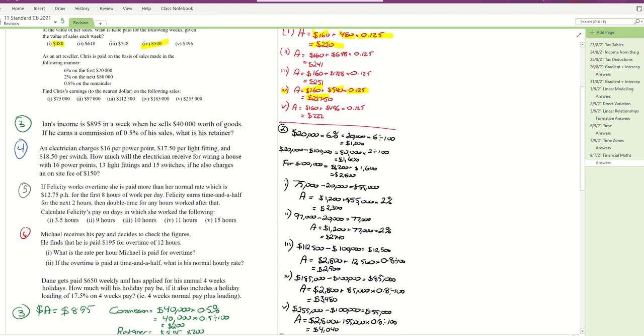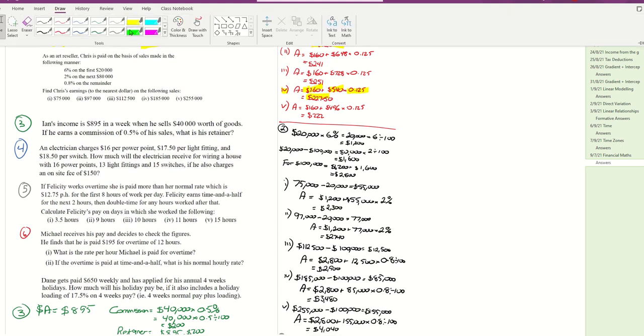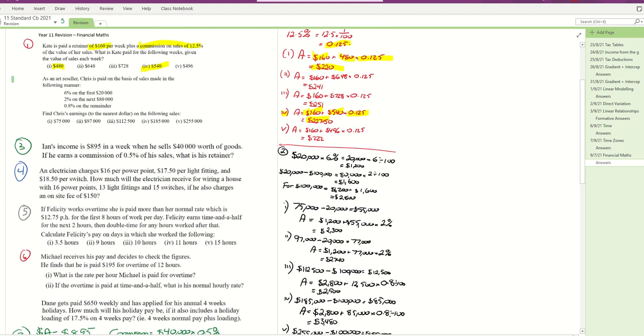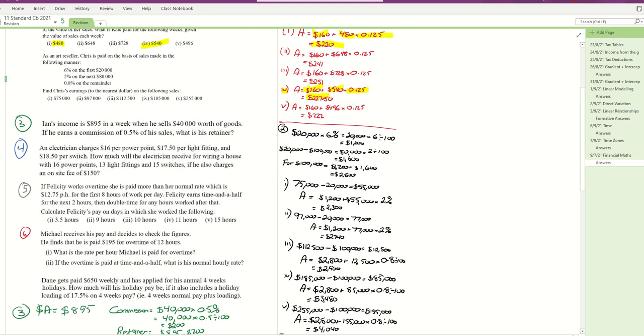Now this next one is where we have an example of a different commission being paid depending on what we sell. What he's told in the question is that we get paid 6% on the first 20,000.